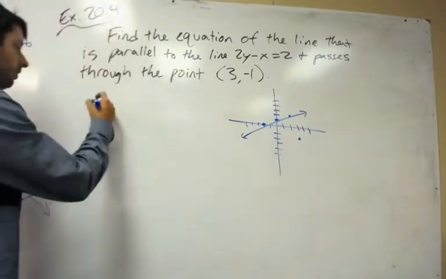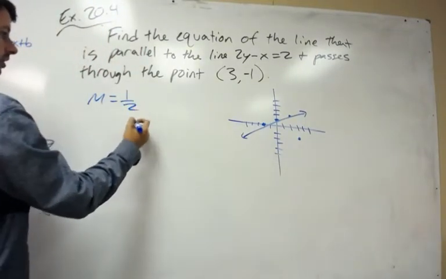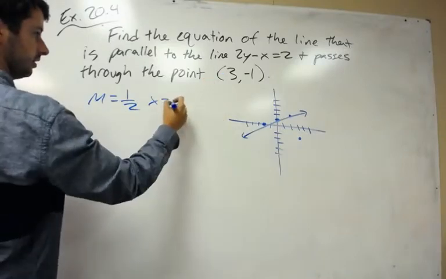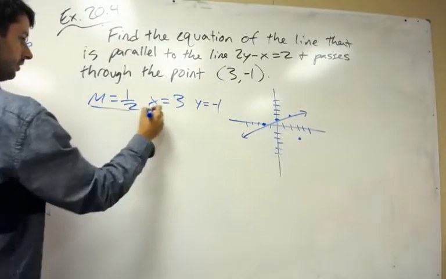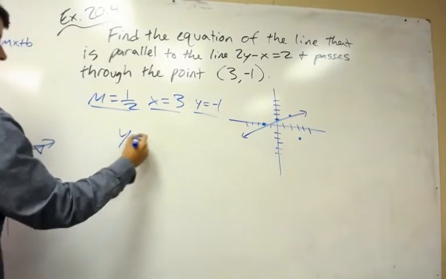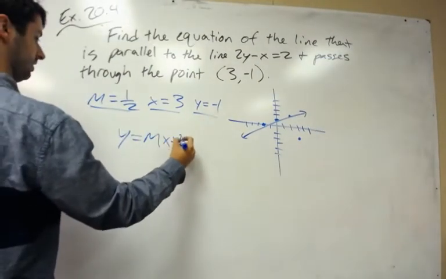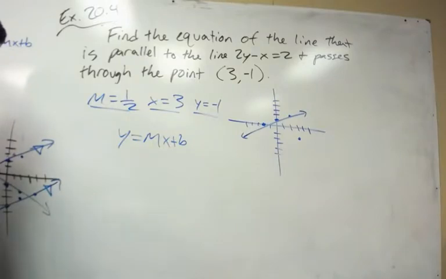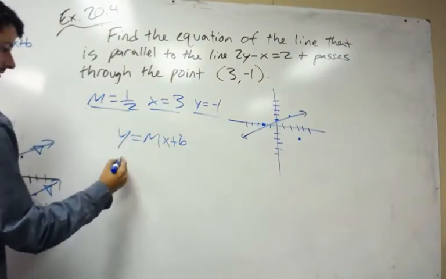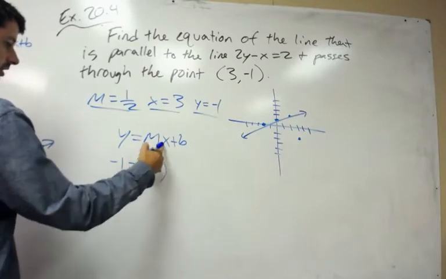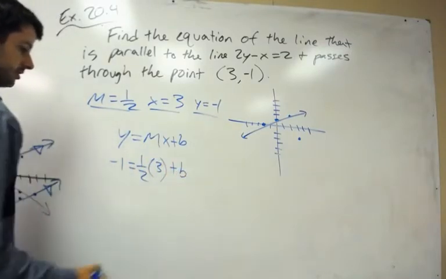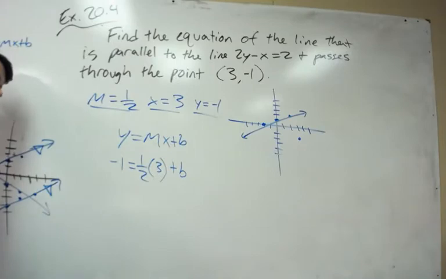Move it up here. We know m. We know x is 3 and y equals negative 1. Well, those are 3 of the variables out of y equals mx plus b. So therefore we can plug in and solve. Y is negative 1. M is 1/2. X is 3. We are solving for b so we can know the equation of the line.